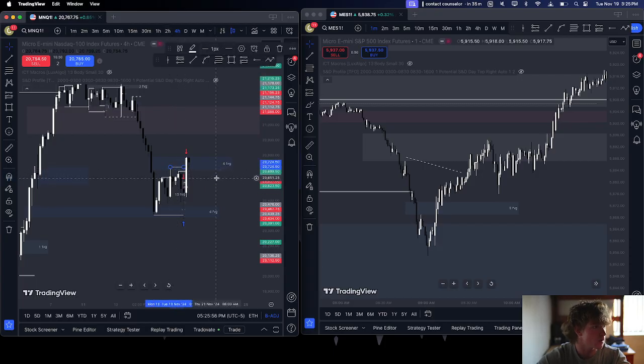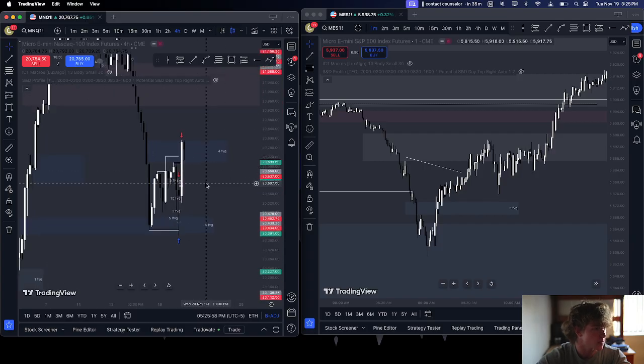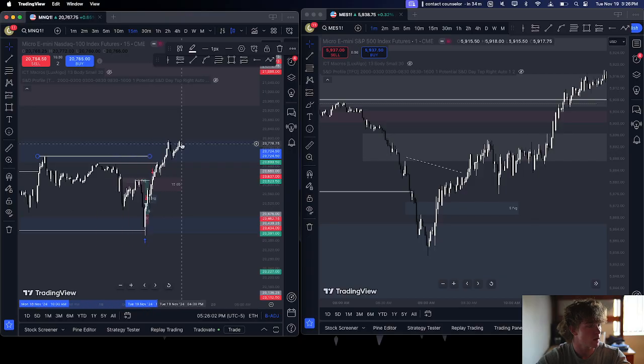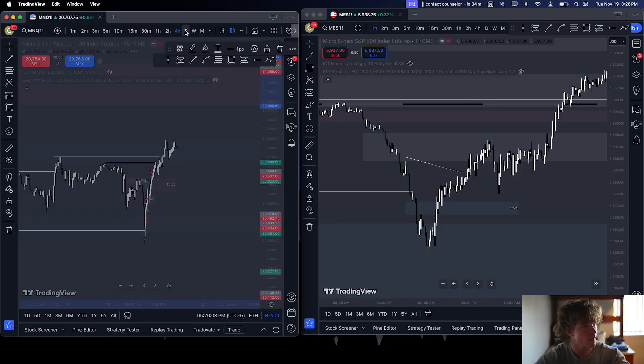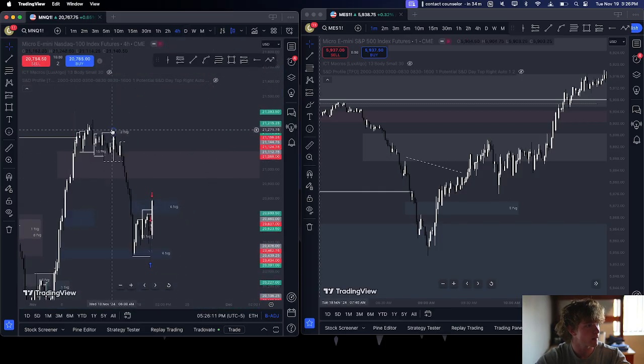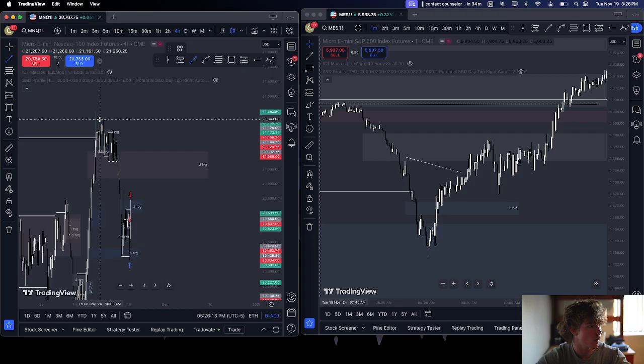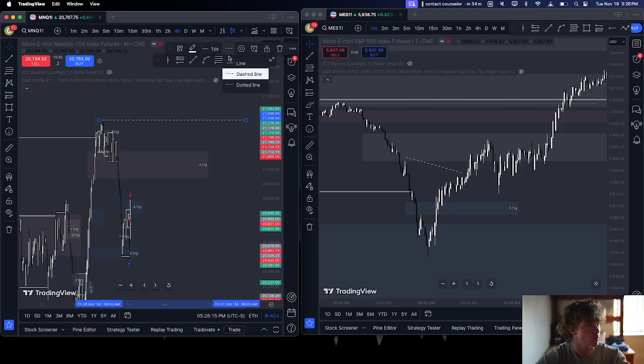This break of structure lets me know that we are now flipping to bullish action, and we're most likely going to take this high up here again. We're probably going to go hunt this in the next few weeks.